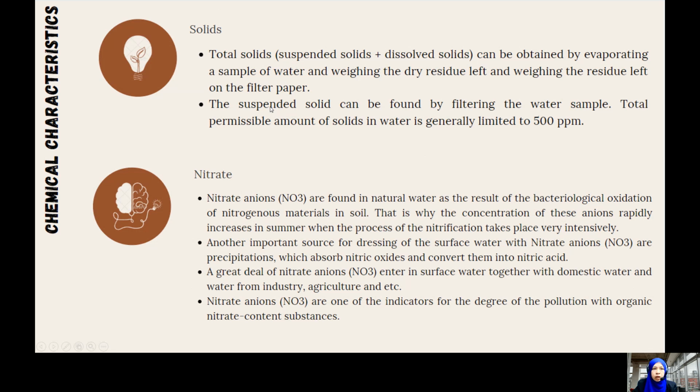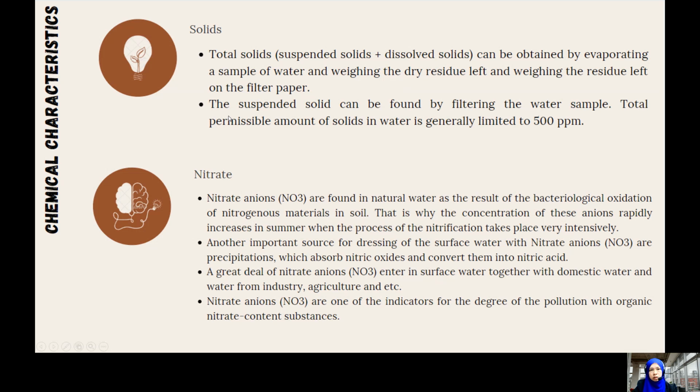Solids as a chemical characteristic: total solids are suspended solids and dissolved solids. Total solids can be obtained by evaporating a sample of water and weighing the dry residue left. Suspended solids can be found by filtering the water sample and weighing the residue left on the filter paper.